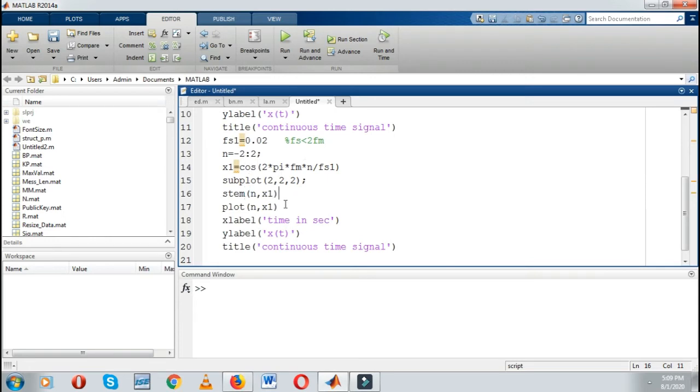Sampling is nothing but a discrete signal, so that's why I have taken a stem. For a discrete signal I have to write a stem. Also I will take the hold on command to hold the previous signal. Again I will write subplot 2 comma 2 comma 2, meaning in the same plot I will show both the sampled signal as well as the continuous time signal, so you can understand properly.